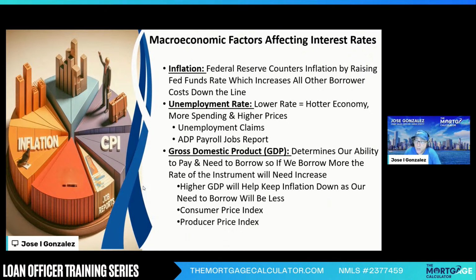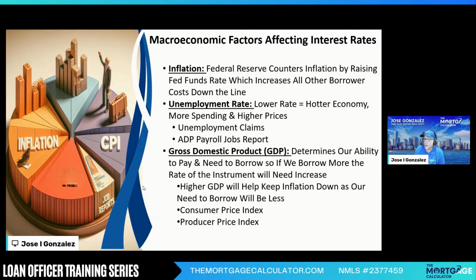The unemployment rate is another factor that's looked at. That's the one that earlier this week resulted in the 10-year treasury actually tracking up instead of down, because the unemployment claims report came out and showed a dip in unemployment claims below what was expected.